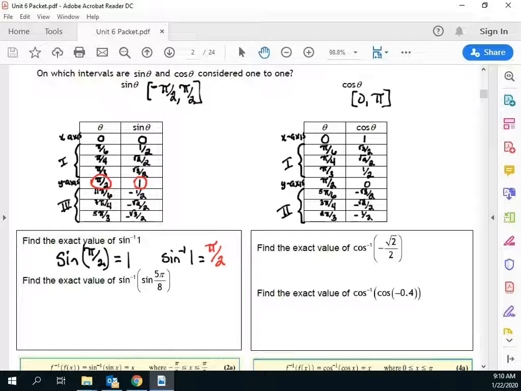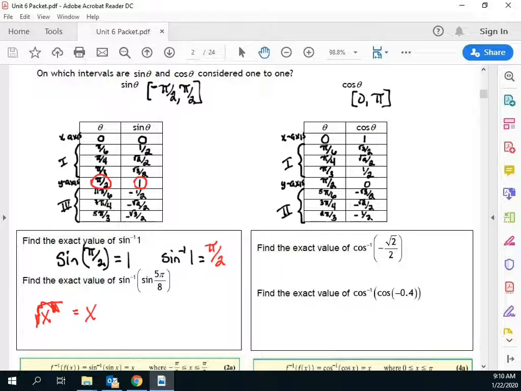Okay, and it goes on to say, find the exact value of the inverse sine of the sine of 5 pi over 8. Let me do something off to the side real quick. What does that end up being? Why? These cancel out.